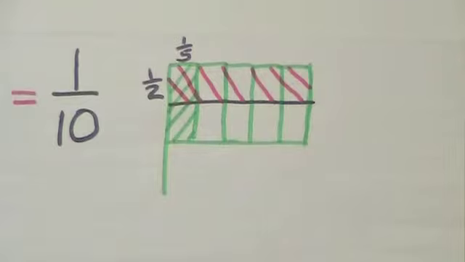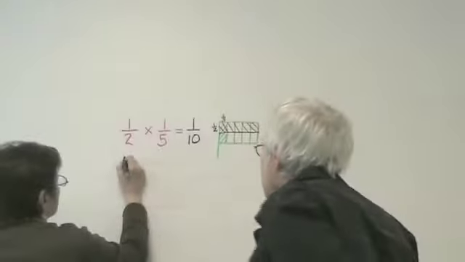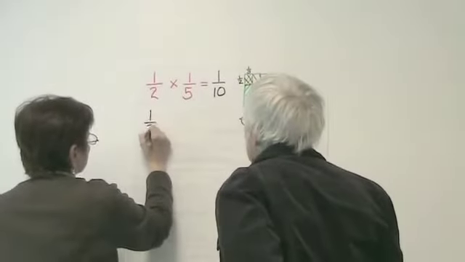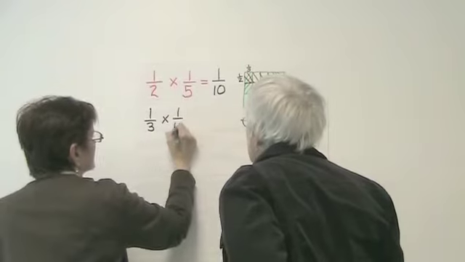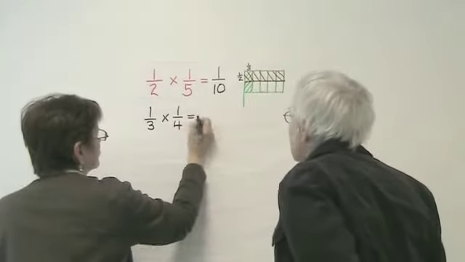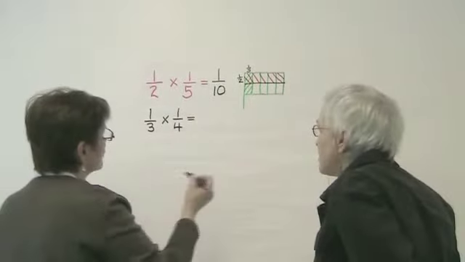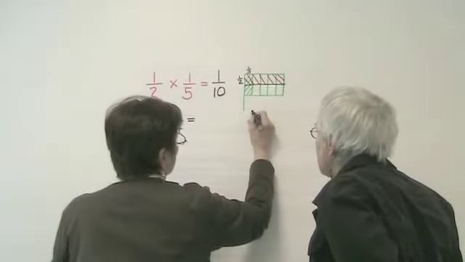And now let's do a third of a fourth. 1/3 of 1/4. And that equals, so if I'm going to take a third of a fourth, we need fourths. I'm going to do fourths.